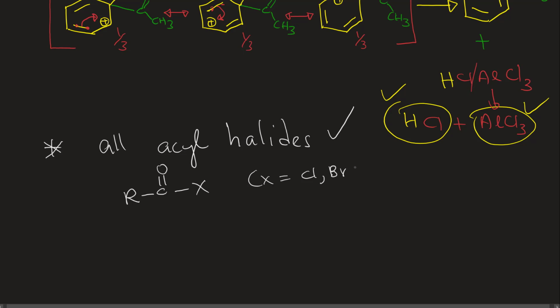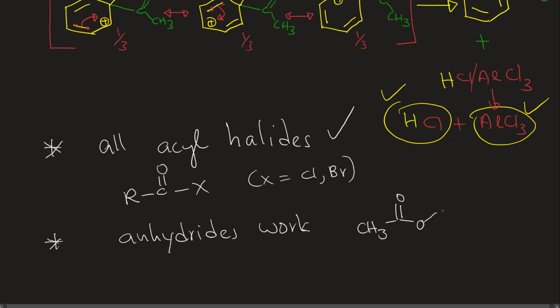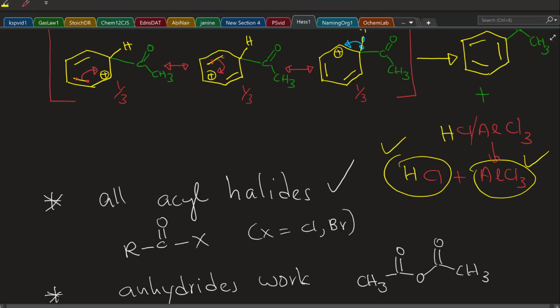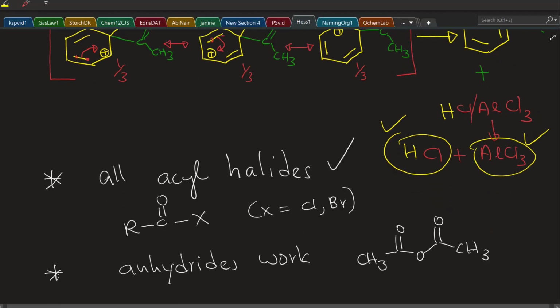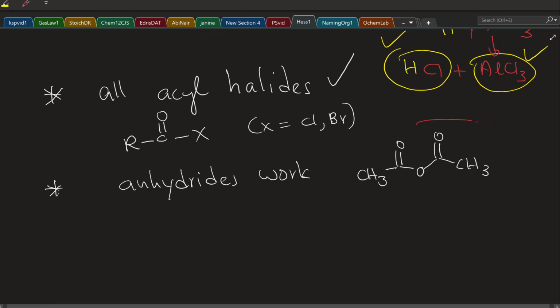Then the R group could vary: CH3, ethyl, propyl, butyl, and so on. Not only that, you can also use acid anhydrides, such as acetic anhydride, propionic anhydride, and so on. So how do you see the simplified version? This part is basically the halide.